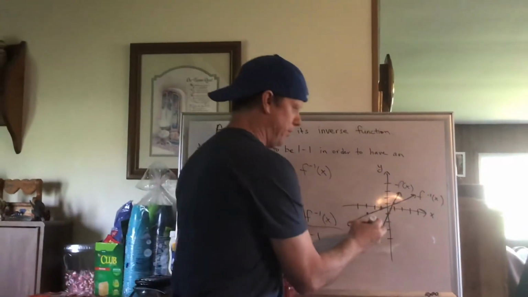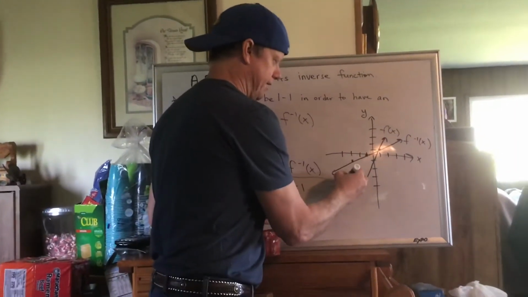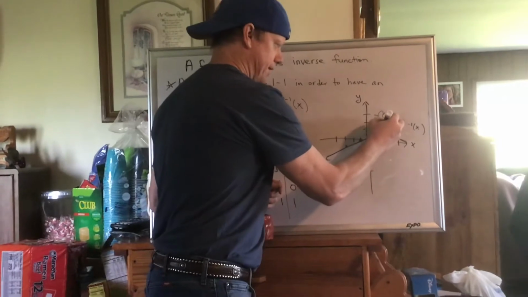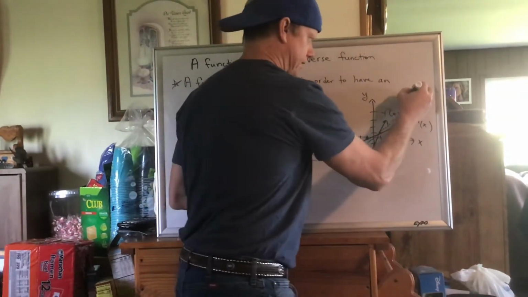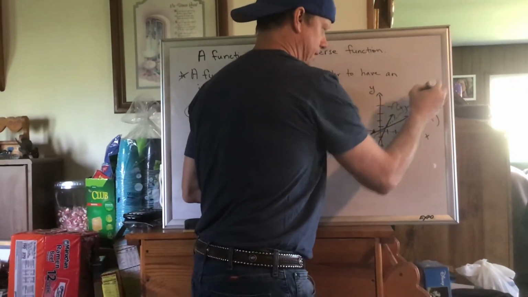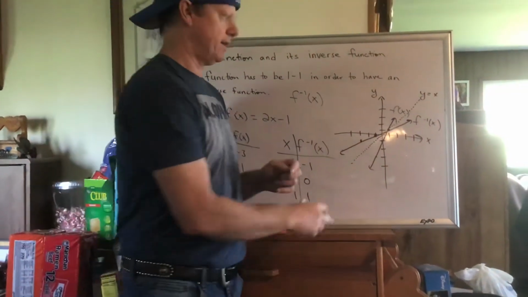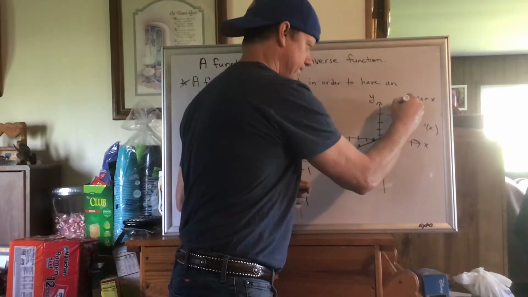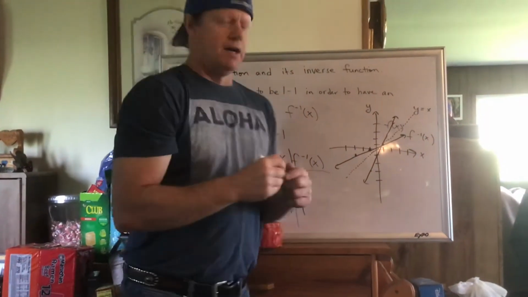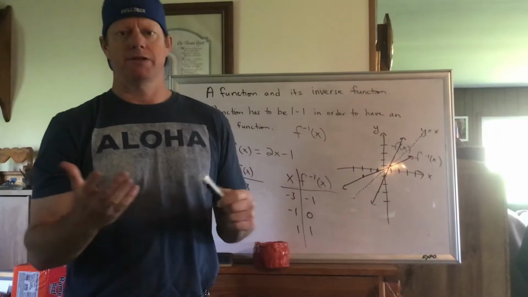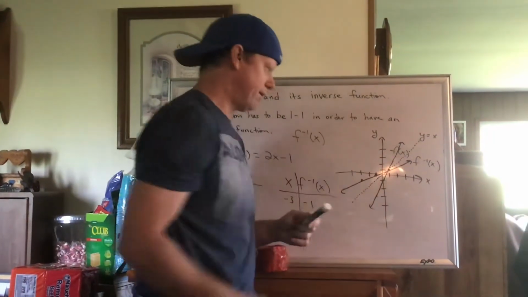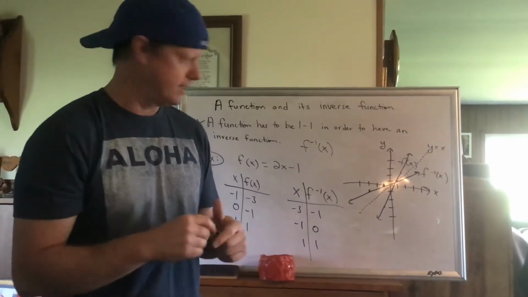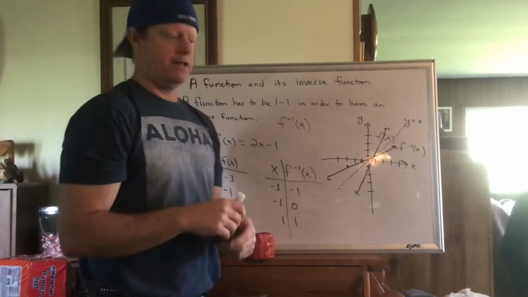But anyways, the point that I'm trying to show here is that pretty much every single time, a function and its inverse function will have a reflection through the line y = x or y = -x. It's going to split that. Y = x is known as the identity function.